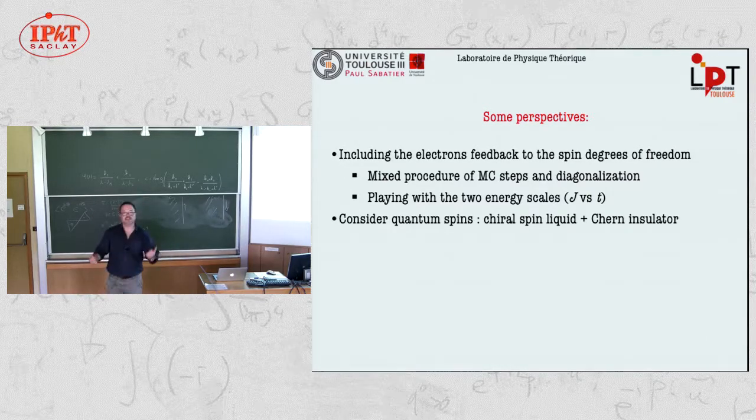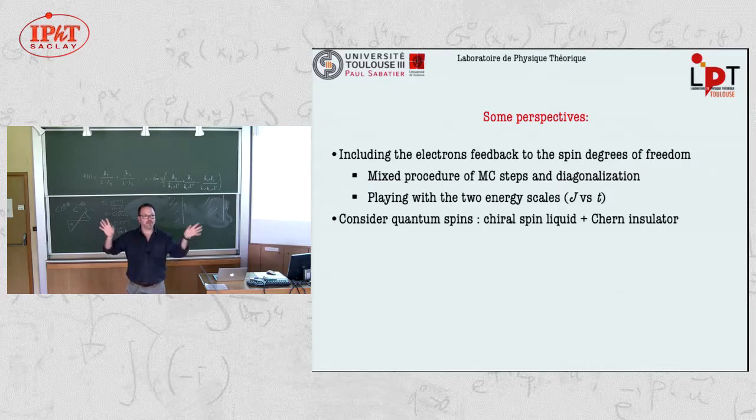You can even do better, and this is a procedure that has been done by many nice works by a Japanese group working on skyrmions: you can play the game of making the feedback of the electrons to the spins. I mean, you throw in the electrons, you diagonalize the Hamiltonian, you see what happens.